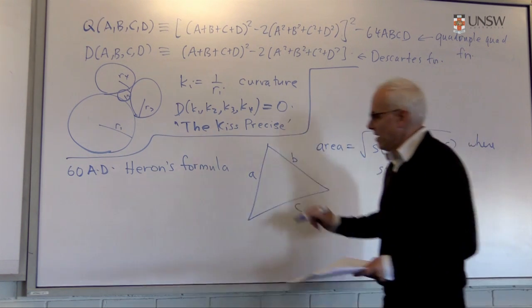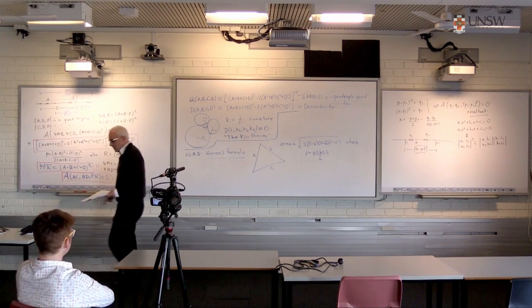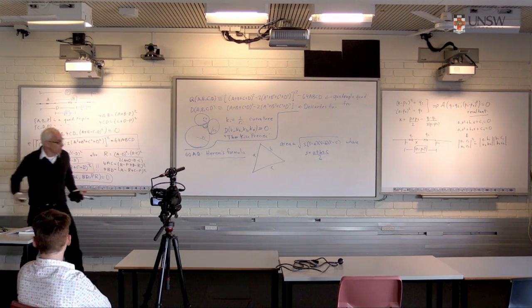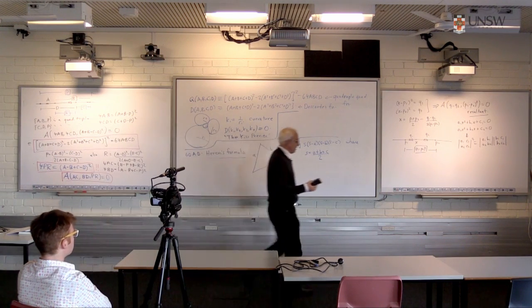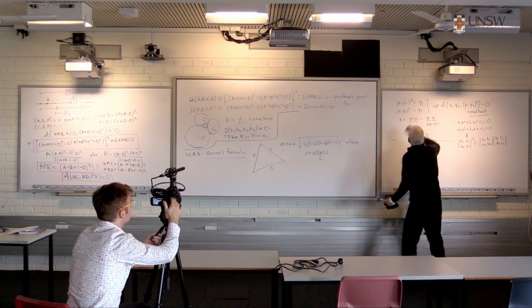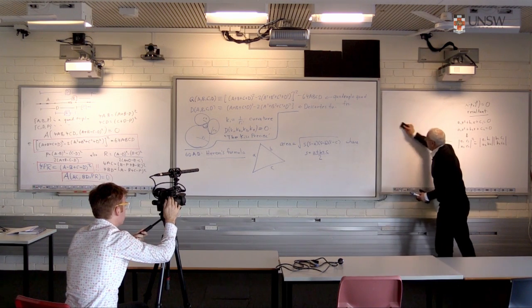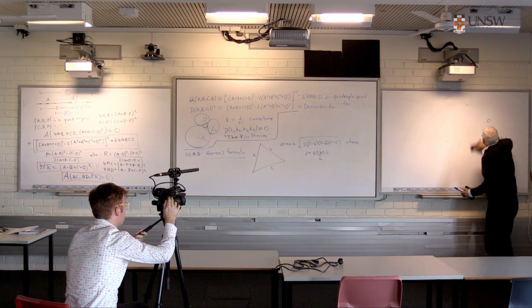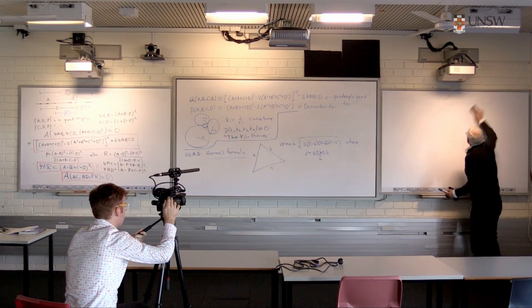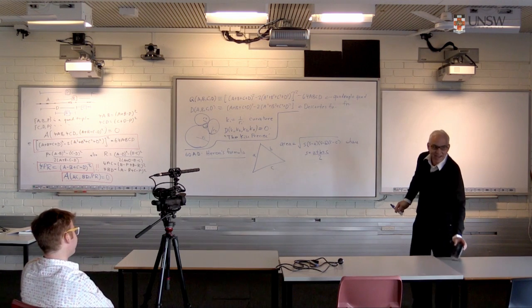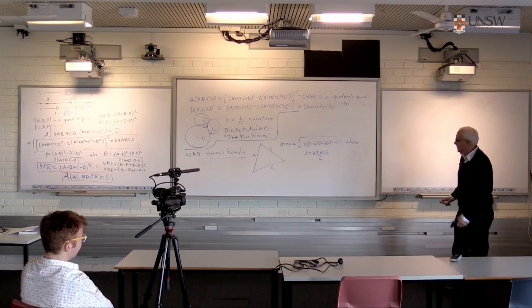So it's no doubt known to Archimedes, but we don't actually have direct proof of that. This is a lovely formula for the area of a triangle. It used to be taught to all high school students. Sadly, that's no longer the case.